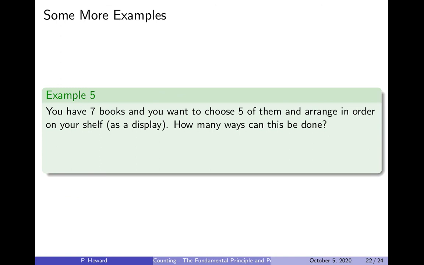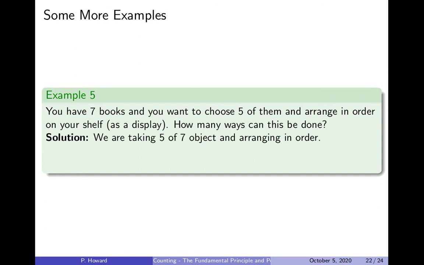Okay, final example. You have 7 books, and you want to choose 5 of them and arrange in order on a shelf. How many ways can you do this? This is pretty similar to the museum problem, where we're hanging paintings in a gallery.